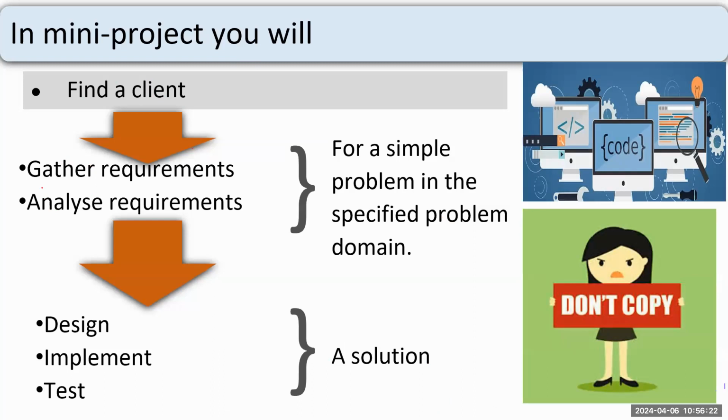And then you need to gather the requirements. Gathering the requirements means you need to get their requirements: what the customer actually needs, what kind of software, what kind of system they need you to build. That is what we call gathering requirements.